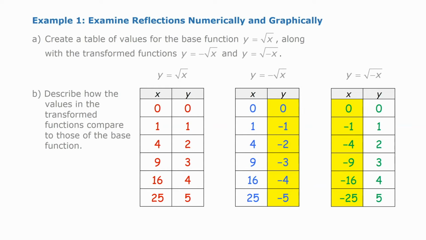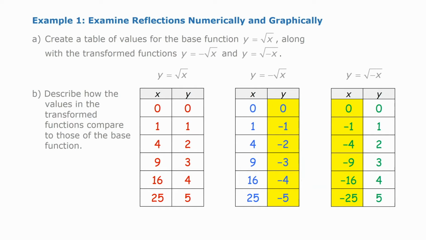And the reason they're opposite in sign here is because when you substitute these numbers in here for x, you still take the square root. Say, for instance, here with 9, you still take the square root. Square root of 9 is 3, but then this negative in front turns it into a negative 3, and so on there. So when you change this to negative square root of x, it changes the sign of all of those y values there.